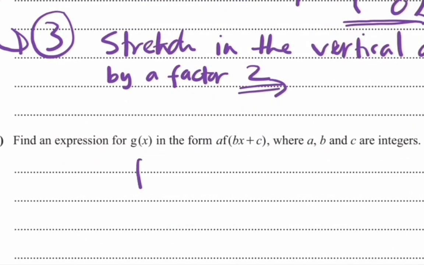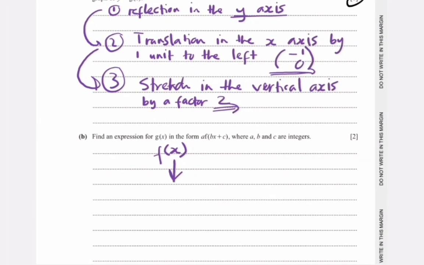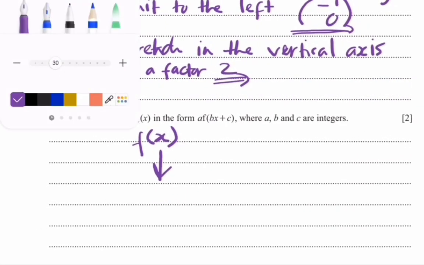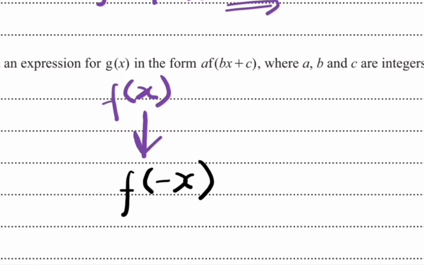So we had f of x to start with, and there was a reflection in the y-axis. So reflection in the y-axis would be shown by multiplying that x by -1 inside the bracket. And for the reflection in the x-axis, that's when we put the minus outside the bracket. But for the one in the y-axis, we put the minus in the bracket like this.